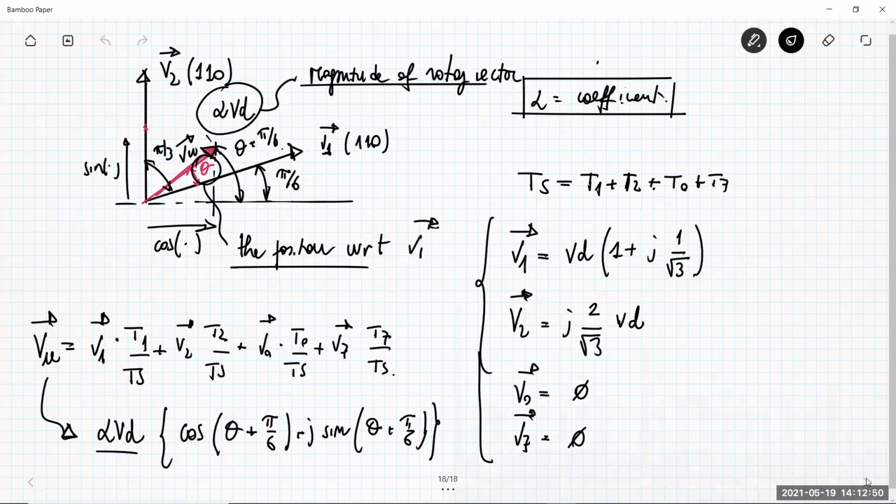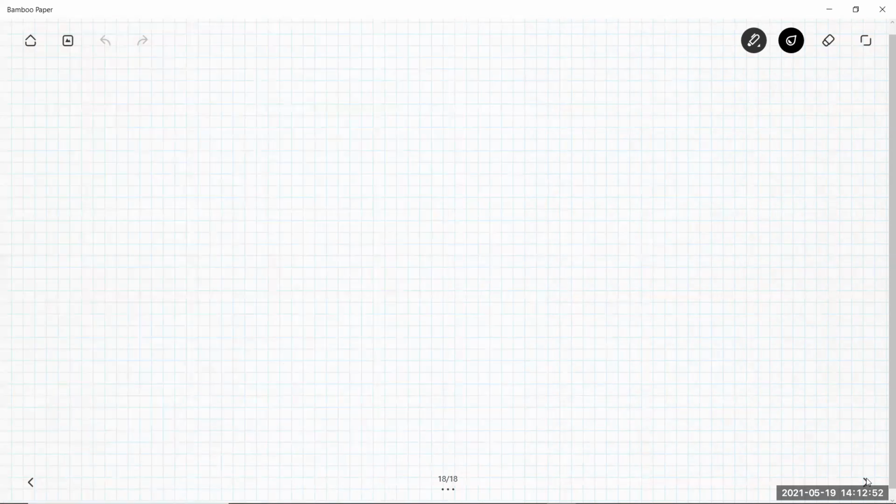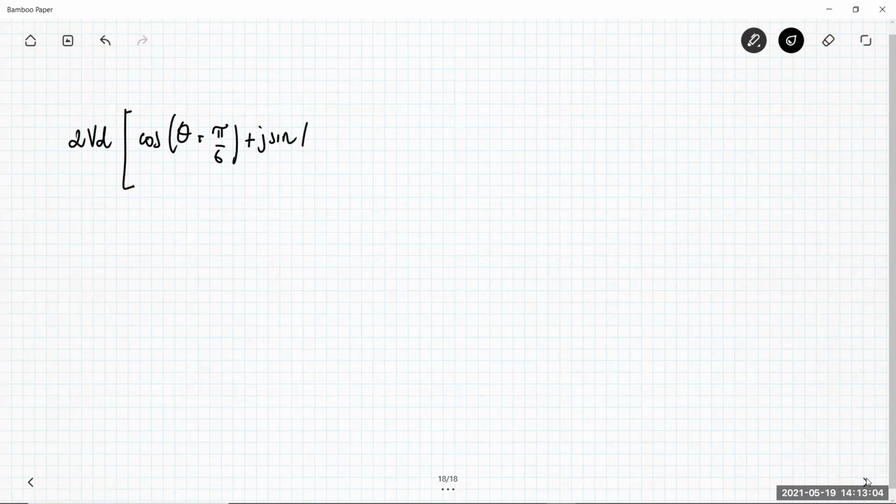So let me rewrite here what I just put there. Cosine of theta plus pi divided by 6, plus j sine of theta plus pi divided by 6.